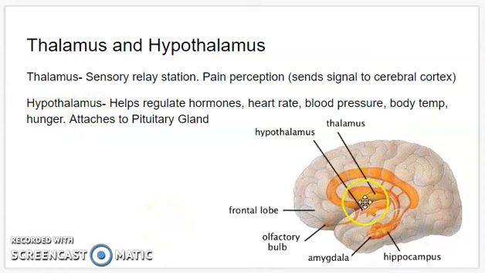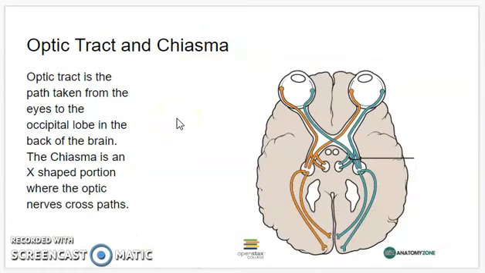And you can kind of see there's a bunch of stuff in here. This guy right here, you should be able to tell what that is from your notes. And if you don't know, go look it up. All right, the optic tract is kind of interesting. Your optic tract contains what is called a chiasma. Your chiasma is right here. It's this X-shaped portion where the two visual signals from the eyes meet. And you can actually follow the vision to see where it goes.